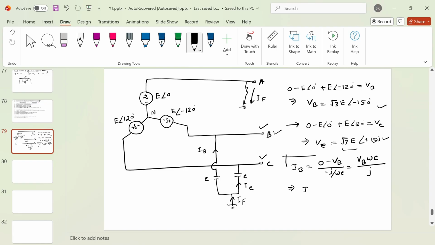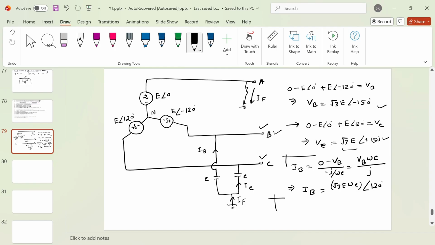So IB is equal to, VB is nothing but root 3 E omega C at an angle of minus 150 minus 90. So if you calculate the angle, minus 150 minus 90 becomes minus 240. Adding 360, the angle becomes 120 degrees.